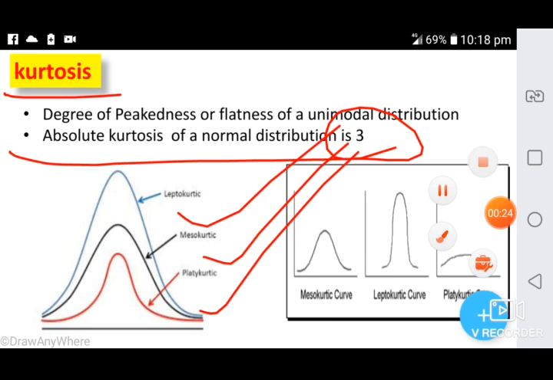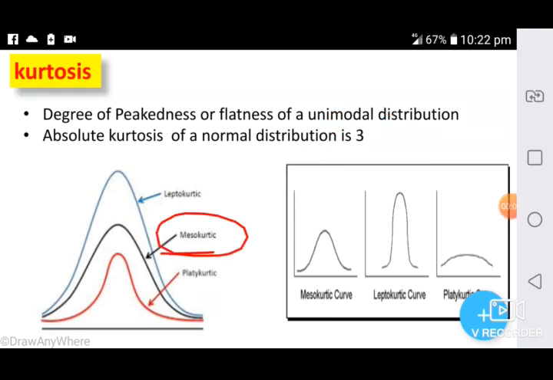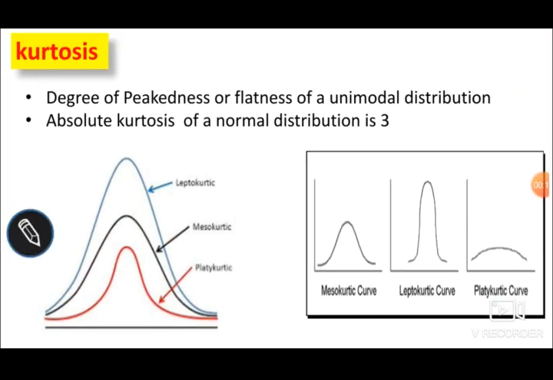What is mesokurtic? This distribution is similar to the normal distribution. It means that the extreme values of the distribution are similar to those of a normal distribution. In simple words, the normal curve is called mesokurtic.